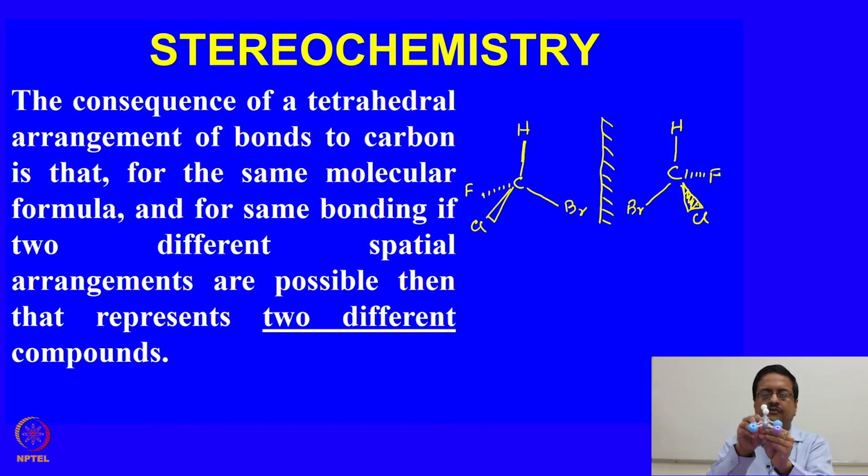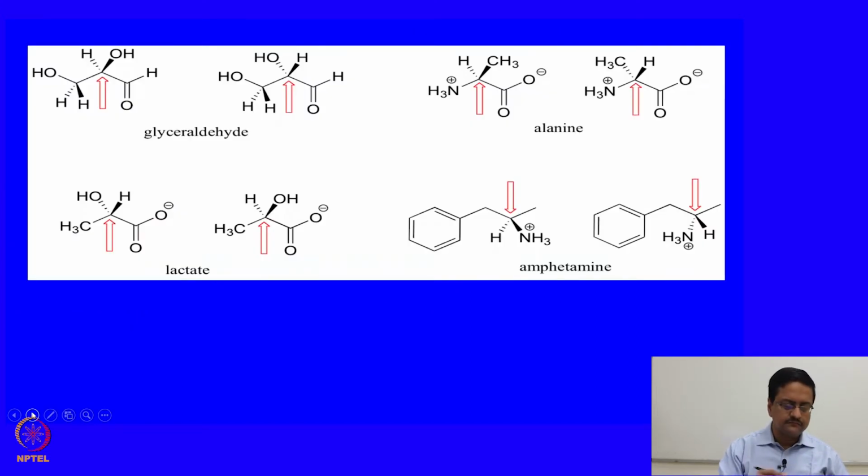If I try to superimpose, then white goes with white, red goes with red, but the blue and the violet do not go on one another. So these two are not superimposable and they are mirror image compounds. So although these two have the same chemical formula, they are two different compounds. Like that, when you have four different groups connected to a central carbon atom, we get a center which is called a chiral center.